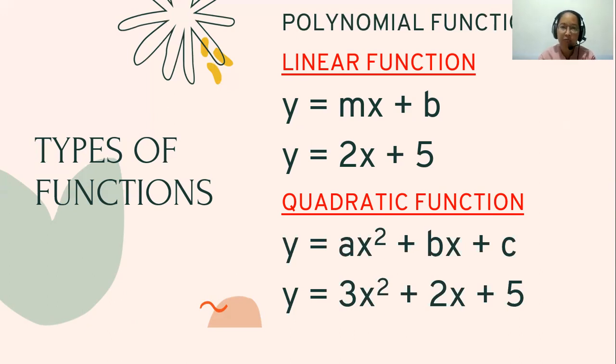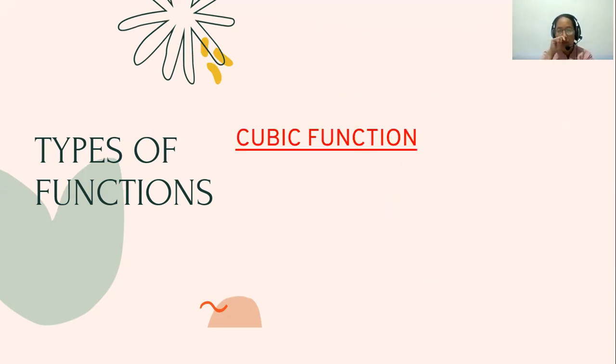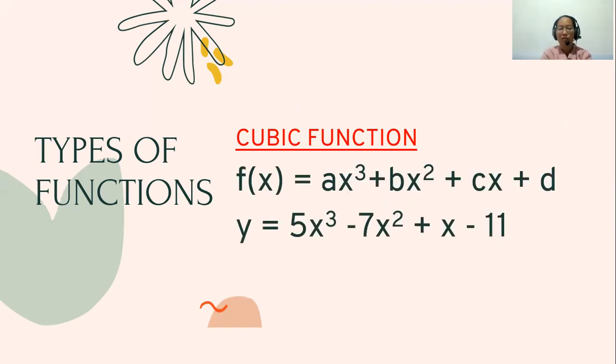And the last type of polynomial function is known as the cubic function. We have a cubic function if the degree of the function is 3, or the highest exponent of the function is 3. It is given in the form of f of x equals ax cubed plus bx squared plus cx plus d.